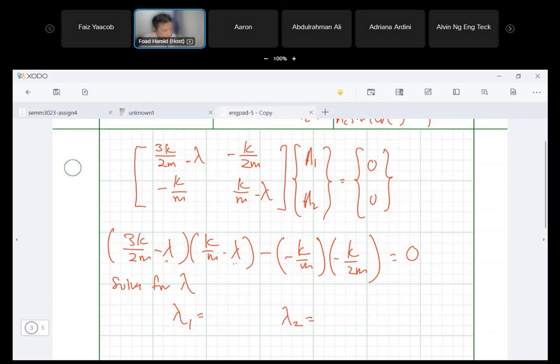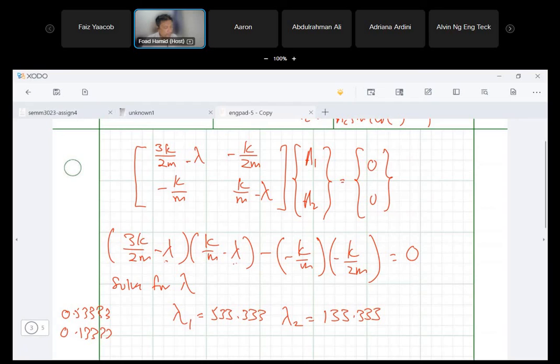In this case, the biggest one is 533.333, and the other is 133.333. Some of you got the answers 0.53333 and 0.1333, and this is wrong.